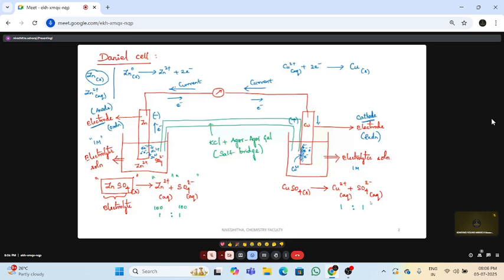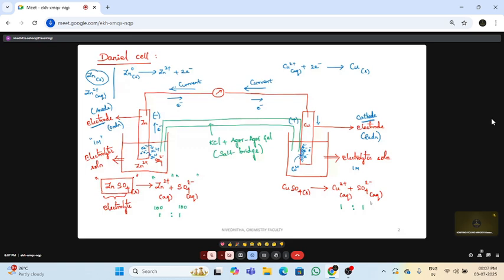Okay. Now, after dipping the copper rod in copper sulfate solution and the zinc rod in zinc sulfate solution, I've connected both the rods using a connecting wire, right? So after connecting the zinc and copper rods, what kind of chemical reaction happened in zinc sulfate solution?